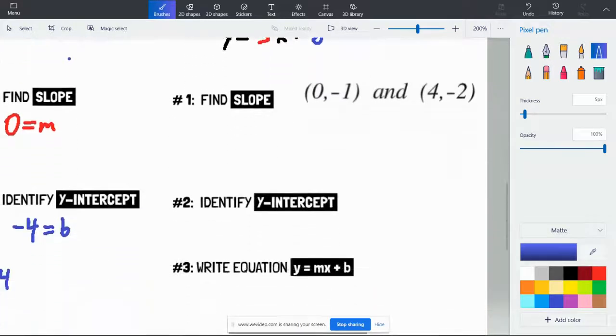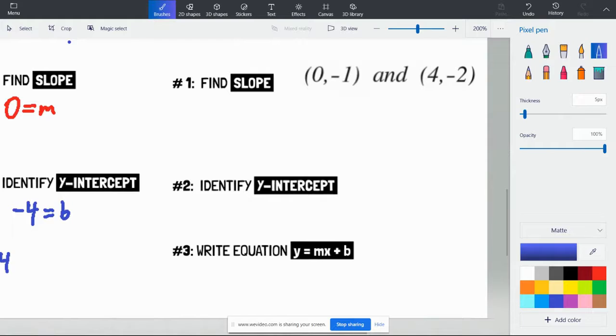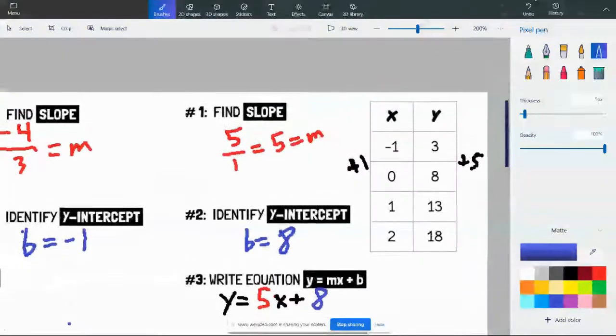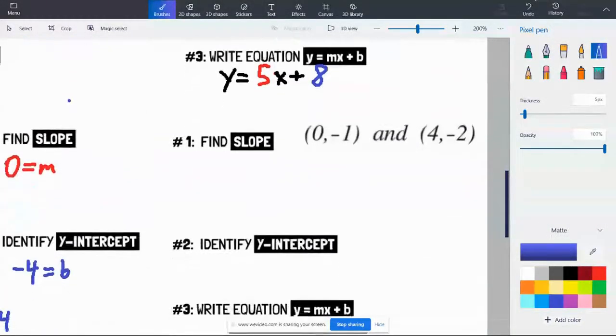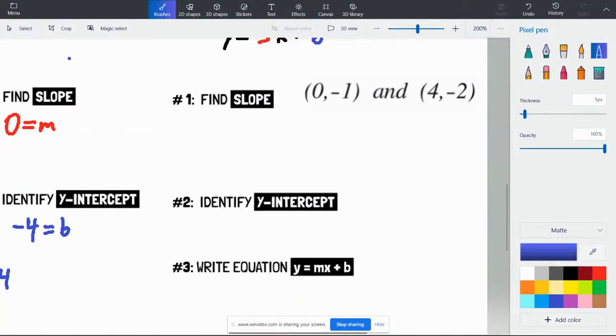You have your equation. I want you guys to try and pause the video and try this one by yourself. Remember, you have 1 point right here, 1 point right there. If it helps you to plug those into a table, plug them into a table, just like that. If not, find the slope using that formula and find the y-intercept and go for it.